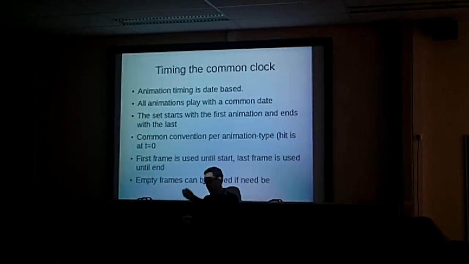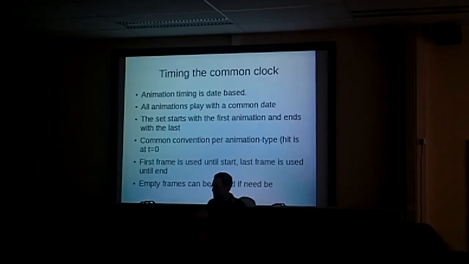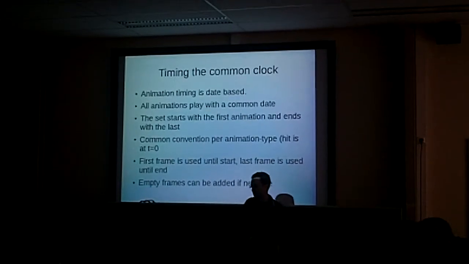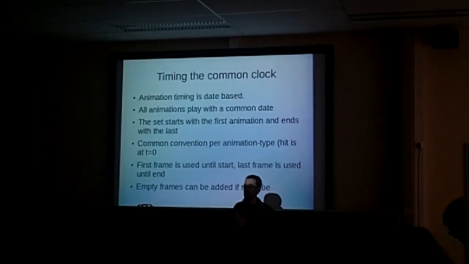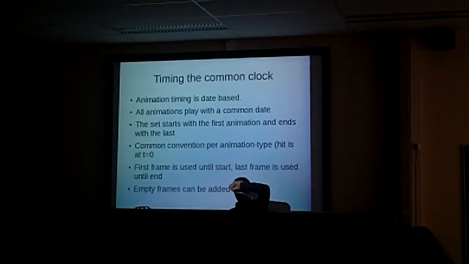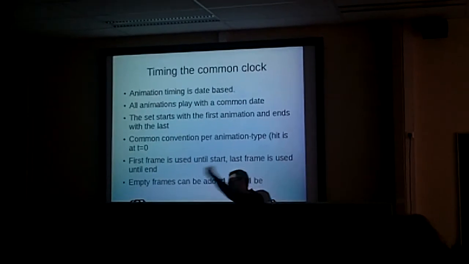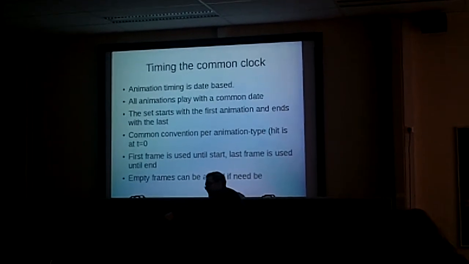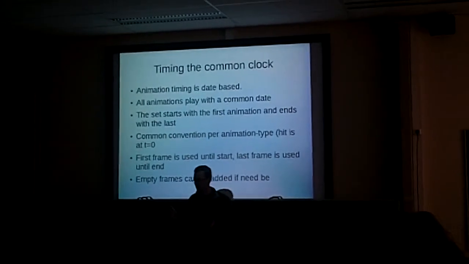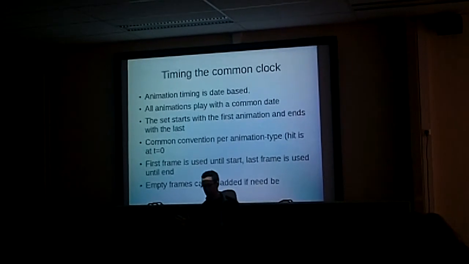And they will reach 0 at the same time. And everybody agreed that 0 is the moment when the attack hits. So at time 0 is the moment where your orc that's being hit will do his movement backward, and it's the moment where your elf will have his sword swing like this, and then he will go back like that. And so everything is independent, and everything is based on this virtual clock.